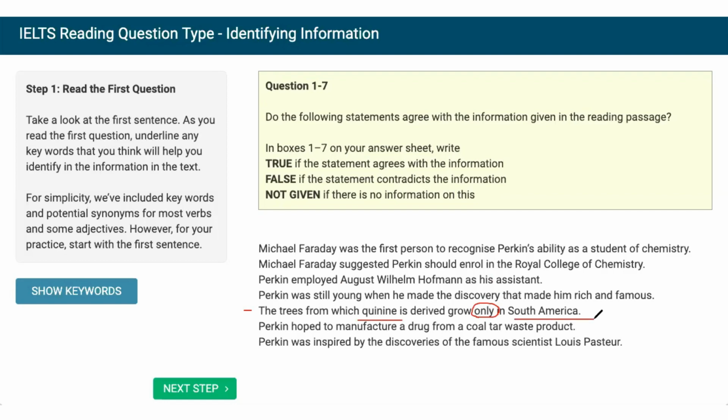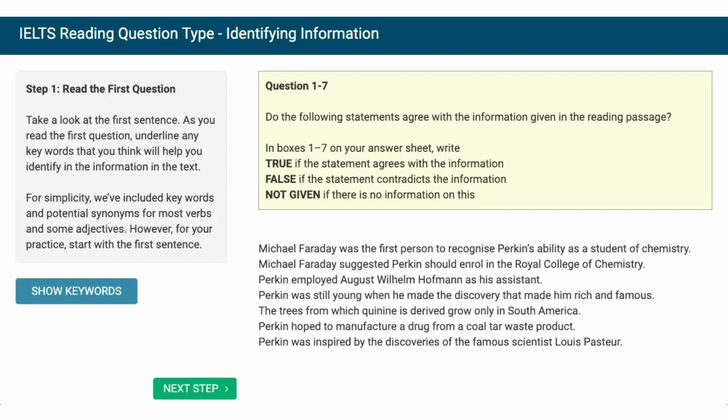And some synonyms here. Another way to say or paraphrase this sentence could be the trees from which quinine comes from. Okay, we're looking at another phrasal verb here for derived. Comes from are specific only to South America, for example.